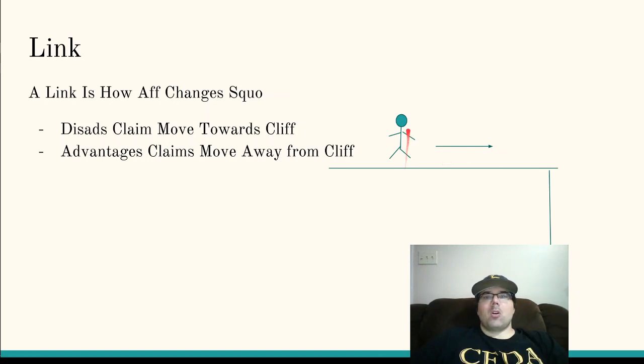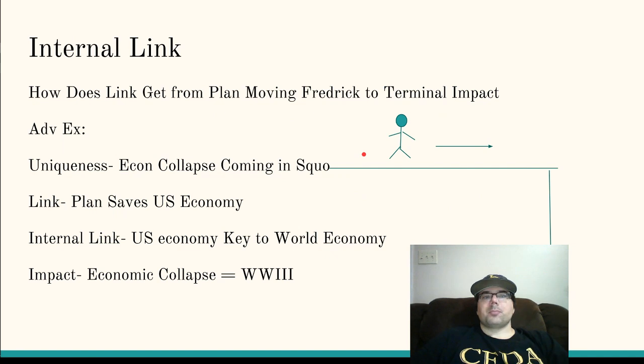Advantages, if you recall, Frederick was moving towards the cliff already, and the link would move Frederick around and make Frederick move away from the cliff. So an internal link. What does an internal link do?